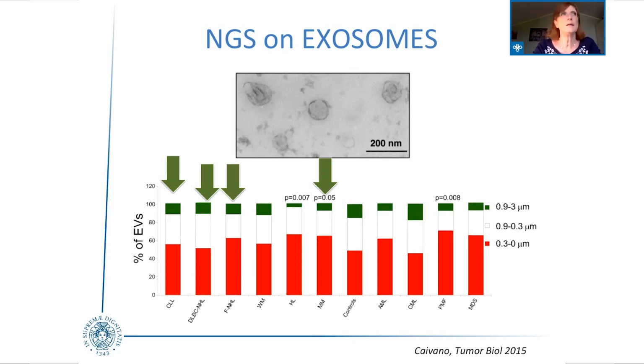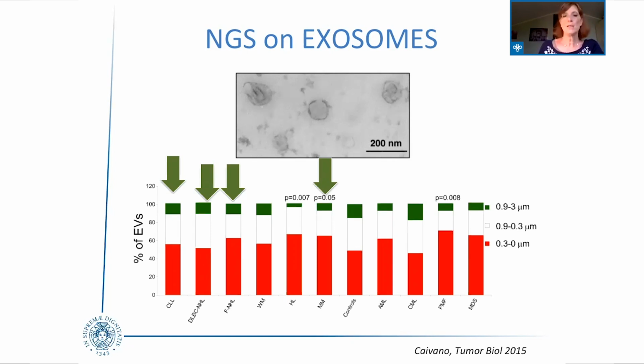We can hypothesize that exosomes can be the target of our MRD detection, because it's not rare to find patients who are MRD negative in bone marrow, but relapse outside bone marrow, especially in multiple myeloma or non-Hodgkin lymphomas.